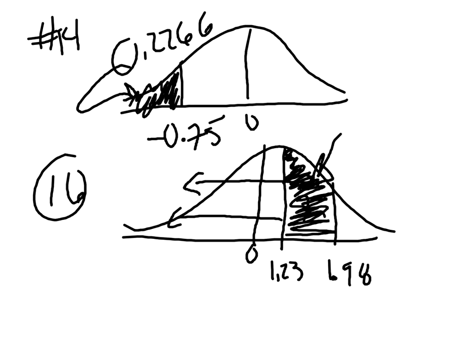So the area to the left of 1.98 turns out to be 0.9713. And from that, I'm going to subtract the area to the left of a z-value of 1.23, which turns out to be 0.8907.